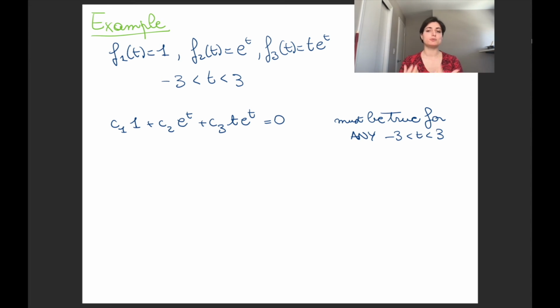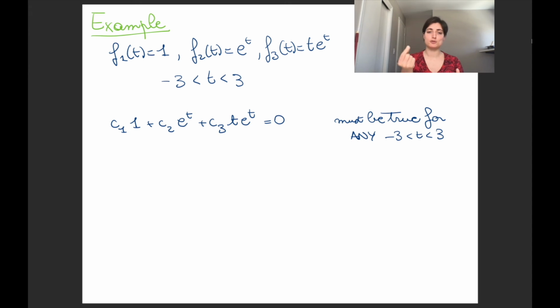Well, if it must be true for any t between -3 and 3, maybe I can choose some values. Note that it works only in one direction, not in both. If picking 3 values I can prove that they're linearly independent, it works. But if I choose the 3 values poorly, I might not be able to prove linear independence, but only because I chose the 3 values poorly.